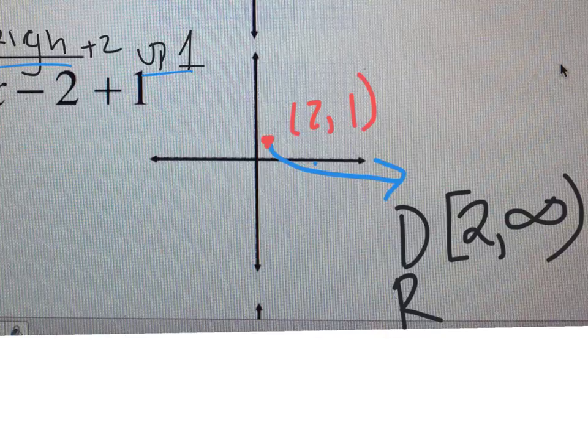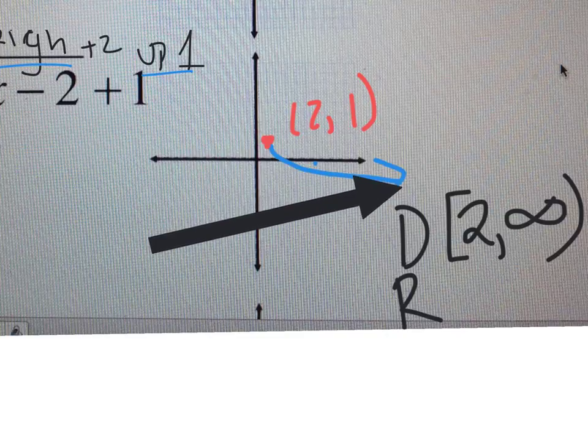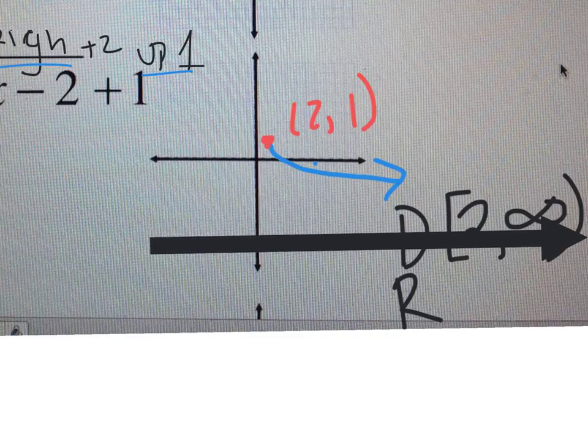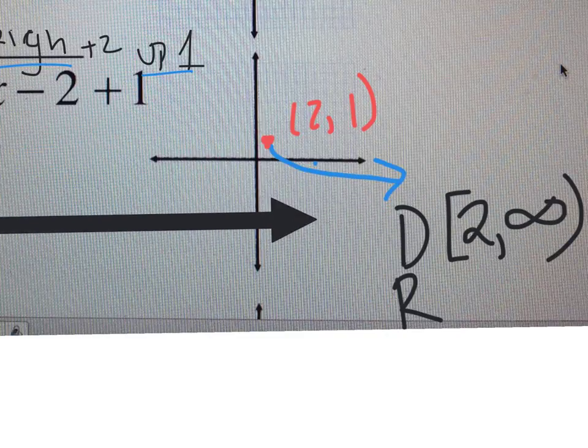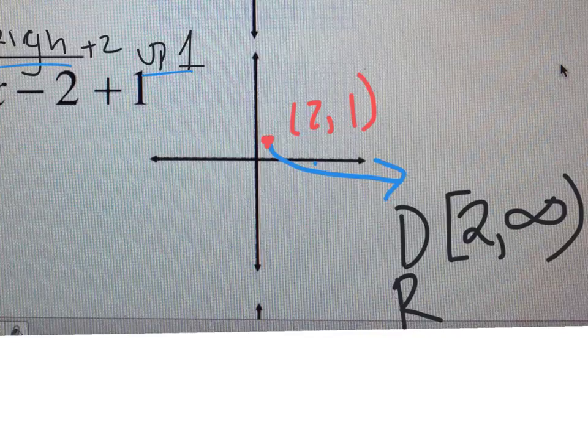Now when I think about the furthest down this graph goes, the range can get a little tricky here because this graph goes all the way down and it keeps going and going down, for the rest of forever. Which means the lowest it goes is -infinity.